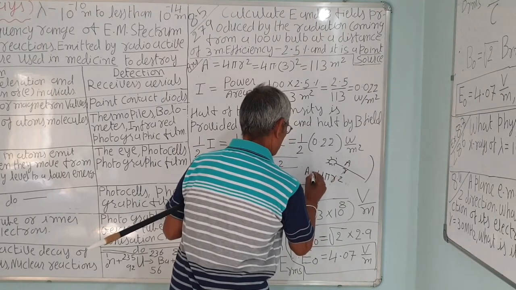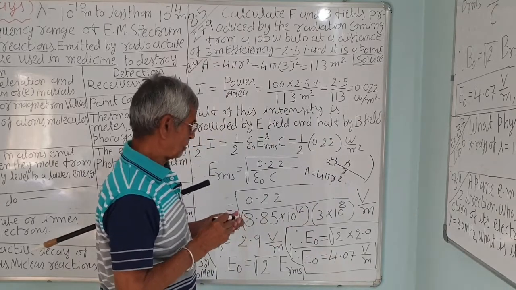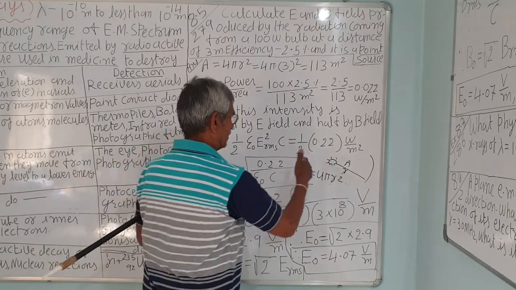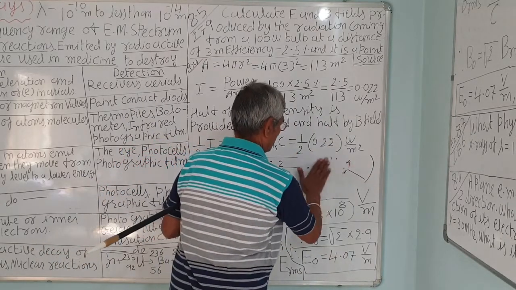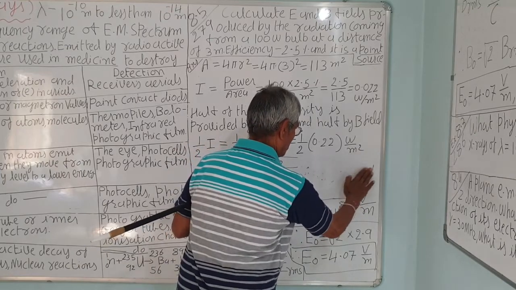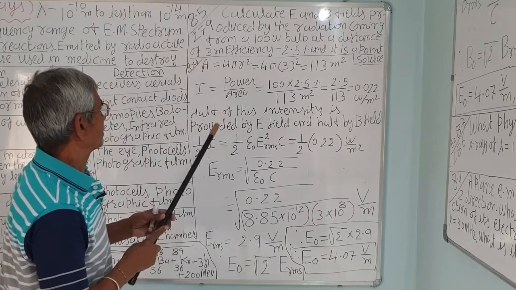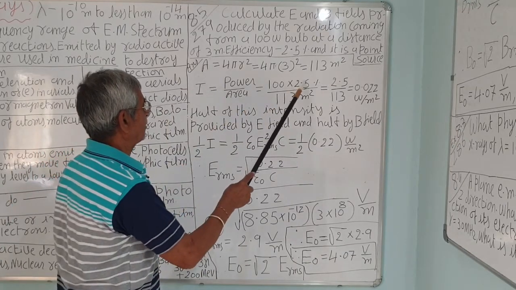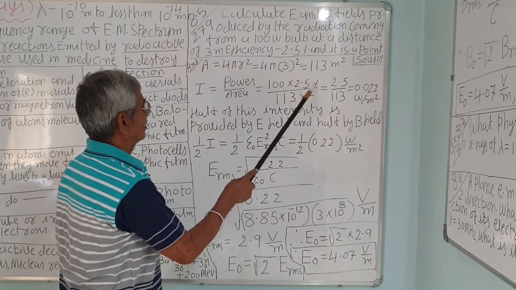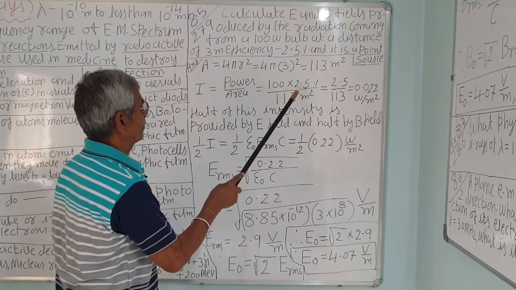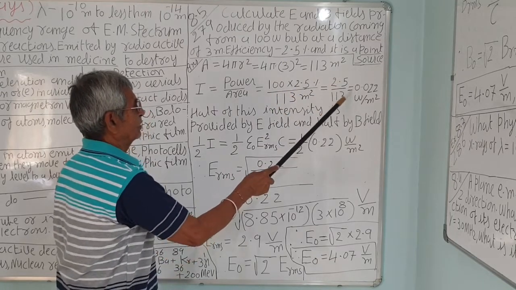Light will be emitted in all directions. So 100 will be cut, and we get 2.5 upon 113.